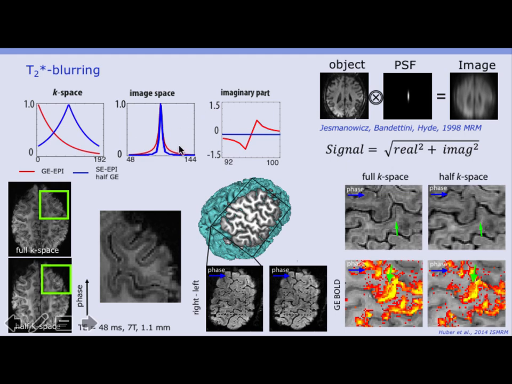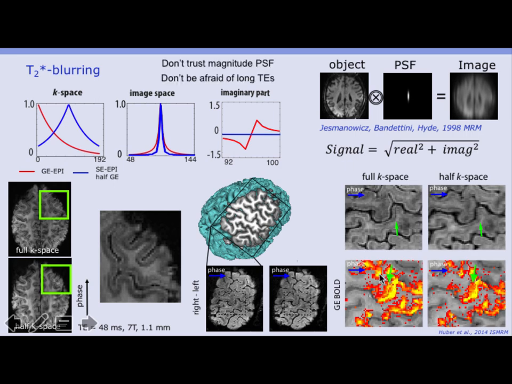Even though the conventional magnitude point spread function actually suggests that the blue line here should be sharper compared to the red line, the data tell us the opposite, because we actually do have this imaginary part. And obviously in the full k-space, referring to the red line here, we also see nicer laminar structures in the functional results.